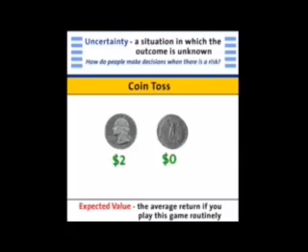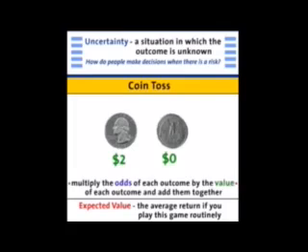So for instance, the odds of the coin coming up heads are 50%, or 1/2. The value in that case would be $2, the amount of money that I would pay you. The odds of the coin coming up tails are also 1/2, and your payment in that case would be 0. You get nothing according to the rules of this game.